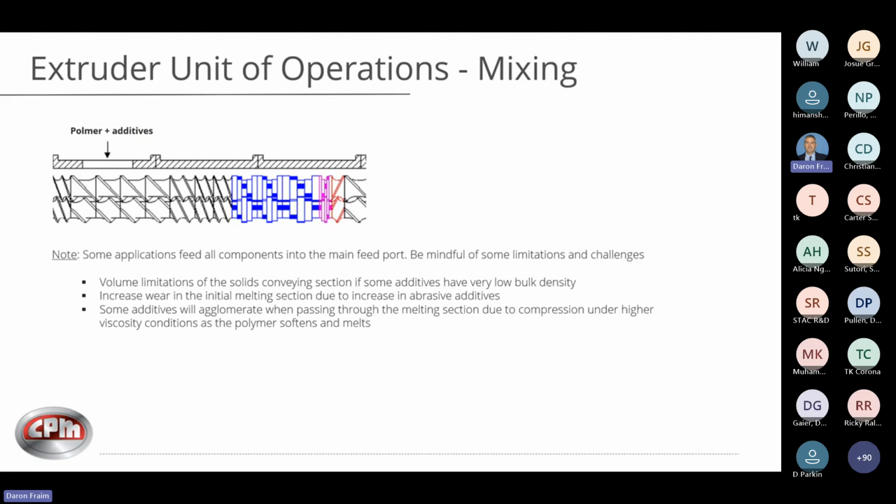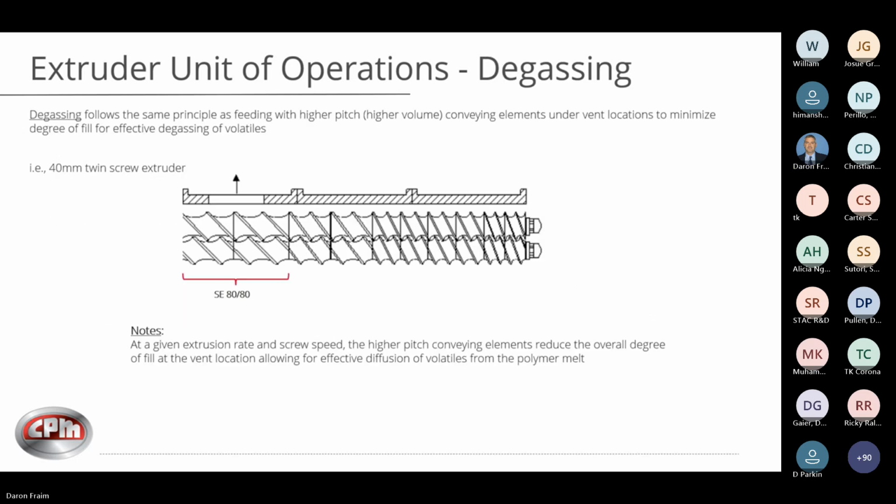And so in some cases, you'll see increased abrasive wear, but also in some additives, depending on the particle size and the affinity between the particles, you may reagglomerate, because they're going through that very high shear or high stress region when that viscosity is at its maximum. You can actually compress, and sometimes you'll reagglomerate some additives.